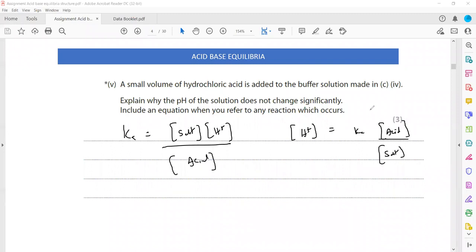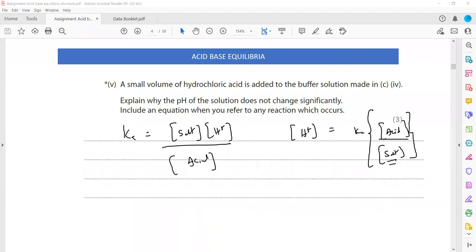So this ratio does not change, because we have a reservoir, too much salt. Even if one or two molecules of acid are increased, it won't make a difference to the final value. So it's 3 marks.